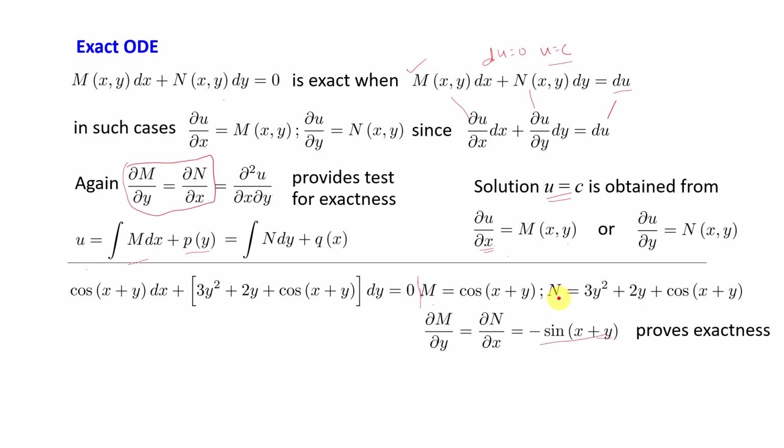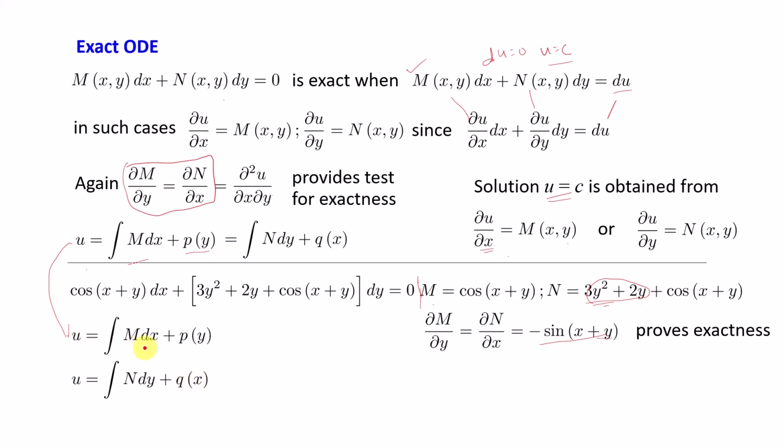Here for N, when I am differentiating with respect to x, the partial derivative of this part with respect to x will be 0, because y will be treated like a constant. So we see that ∂M/∂y equals ∂N/∂x, therefore this equation is exact. And now we can find this u, which will be the integral of M dx plus p of y, and the integral of N dy plus q of x.